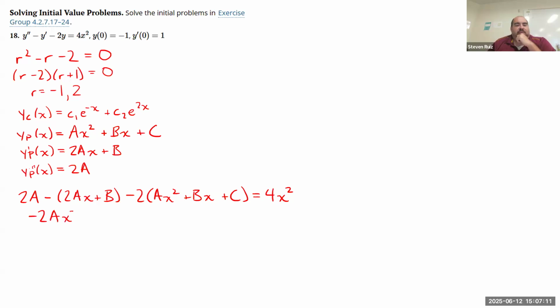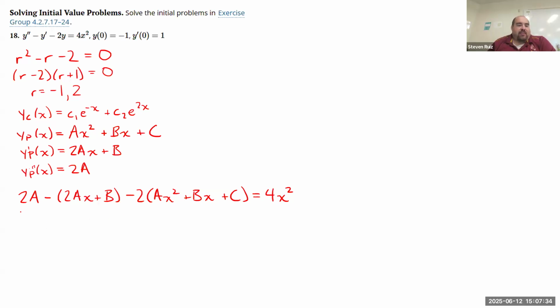Negative 2ax squared comes from this multiplication right here. So I have a suspicion that since negative 2ax squared equals 4x squared, that a will be negative 2. But let's be a little more rigorous and verify that.